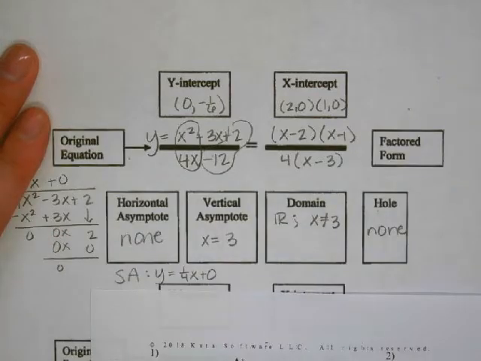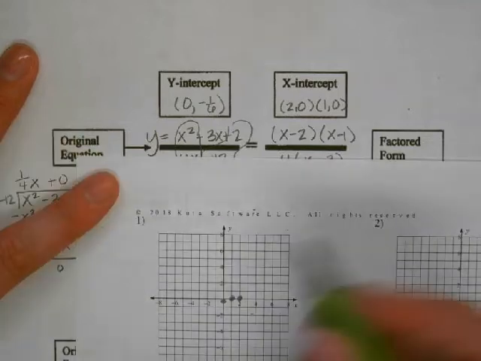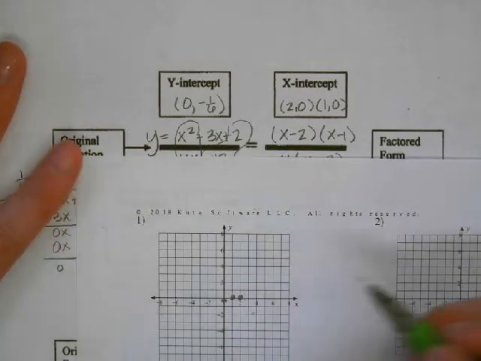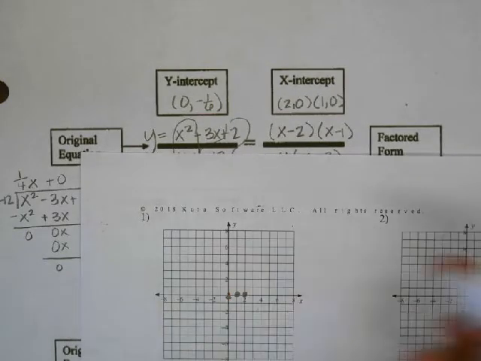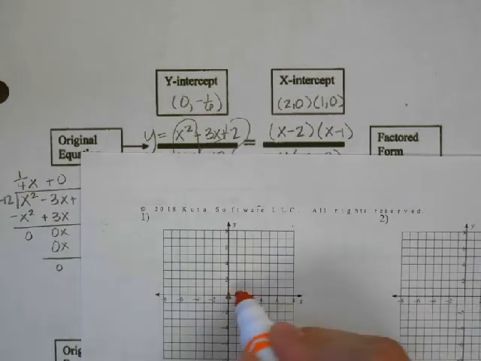I do not have a horizontal asymptote. I do have a slant asymptote, so I'm going to draw that in a color so that maybe you can see it differently. My slant asymptote has a y-intercept of 0, and then it goes up 1, right 4.